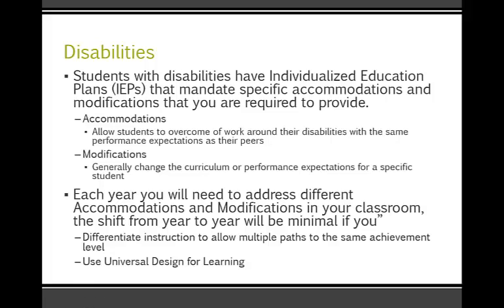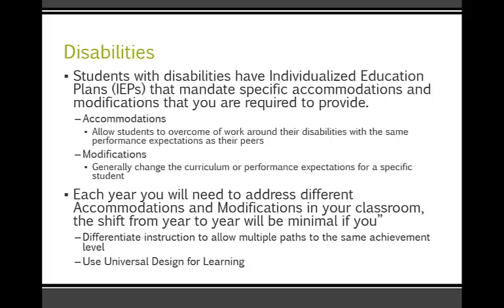An accommodation allows a student to overcome or work around their disabilities, but have the same performance expectations as their peers. Okay, we're not modifying their outcome. We are not giving them a different target to shoot for. We're just giving them a different pathway to get there. For modifications, they generally change the actual curriculum or performance expectations for a student.